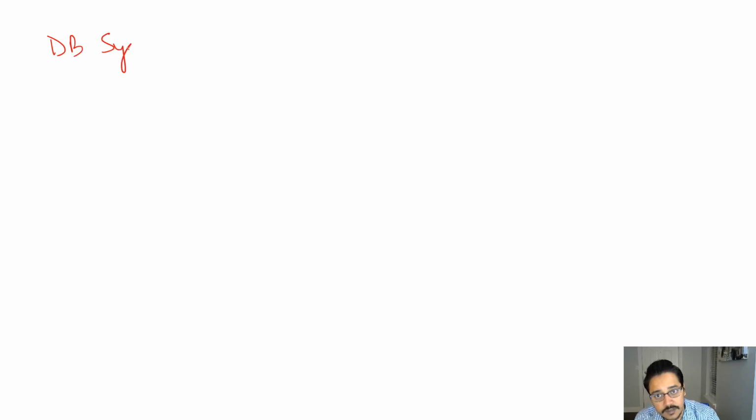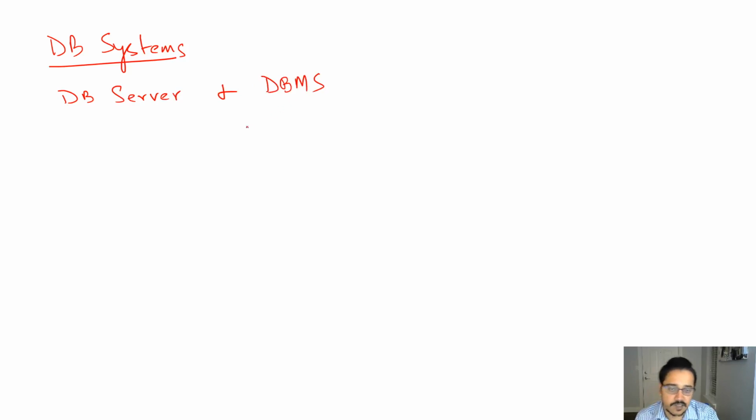Database systems, composed of the database server and the database management system, separated the layer of the users, that could be the designers, the system administrators, or customers, from the view of the data itself. So it provided a layer of abstraction from the way the data is being stored.